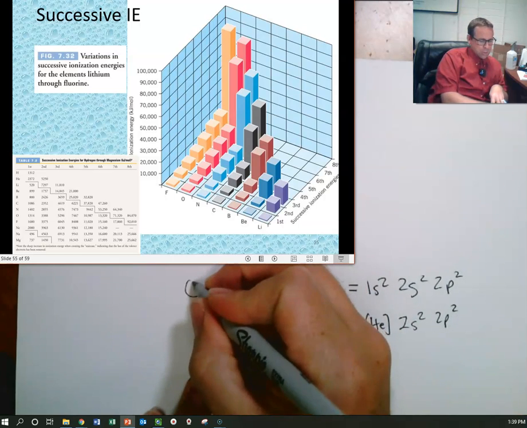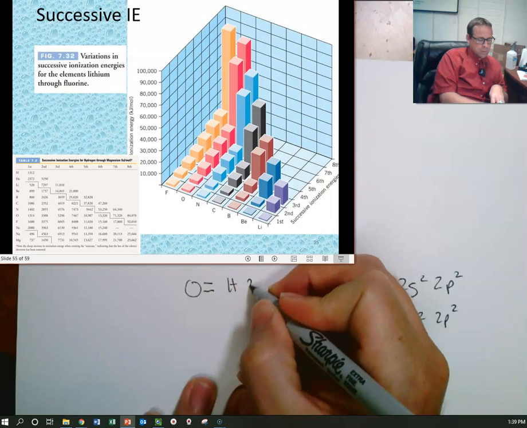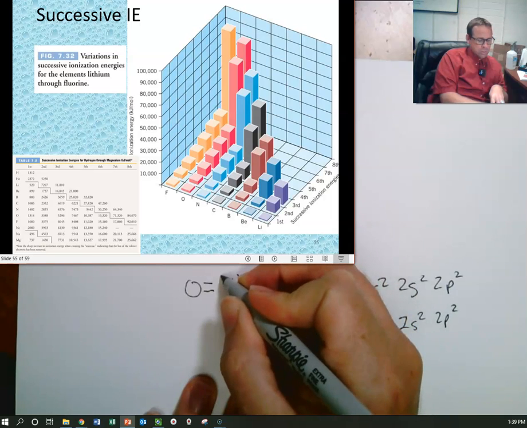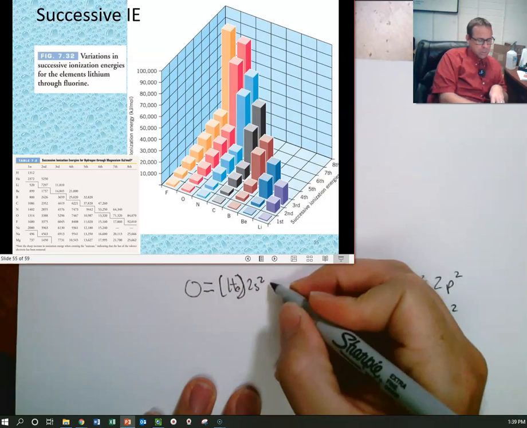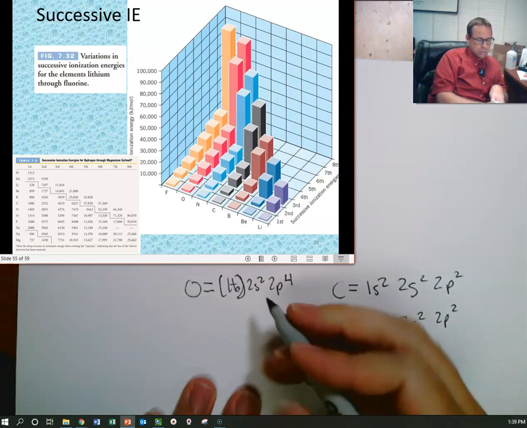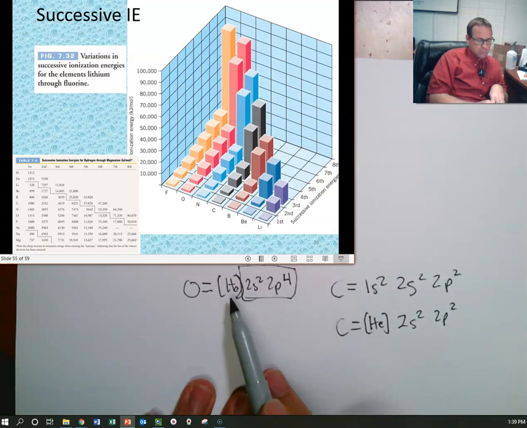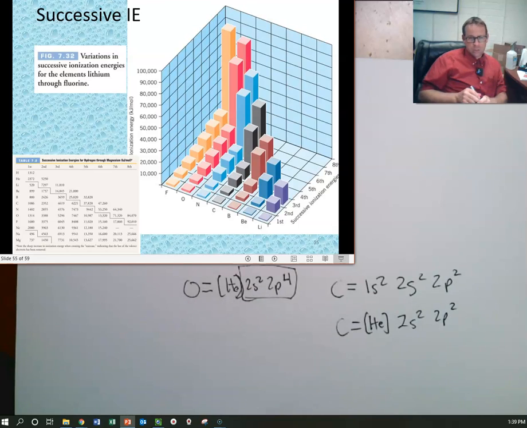Is that true? Our electron configuration for oxygen is helium 2s2, 2p4, right? So we have 6 electrons that can be removed relatively easy, but then reaching into the noble gas core is hard.